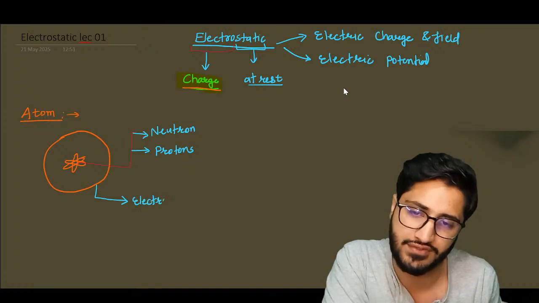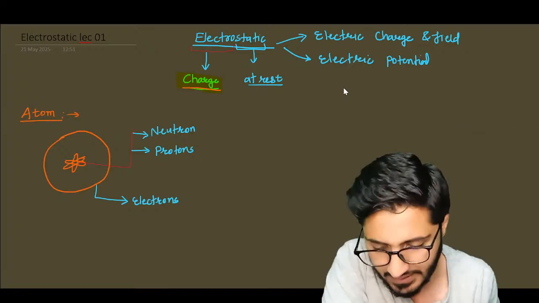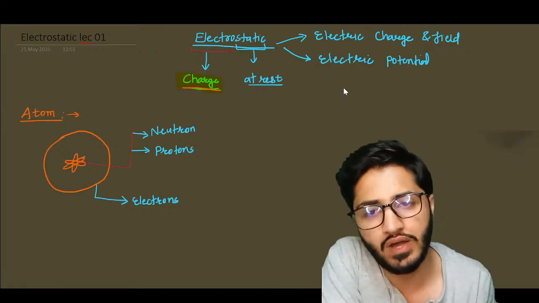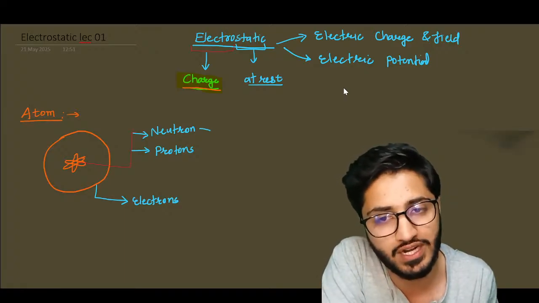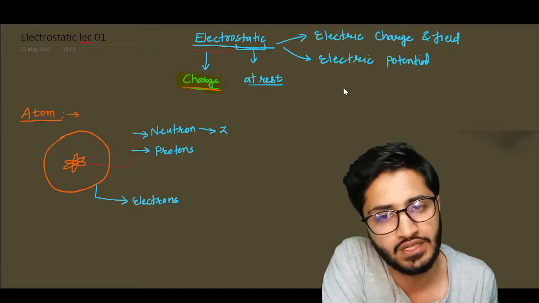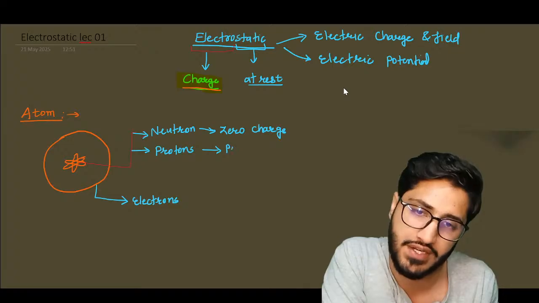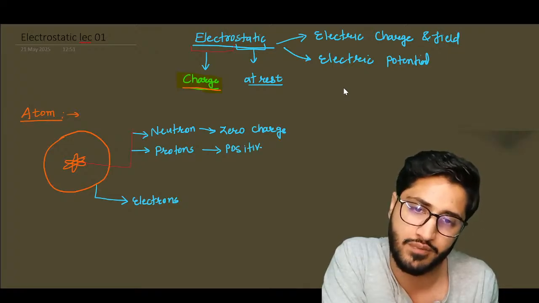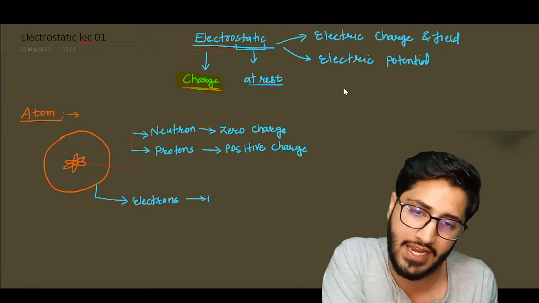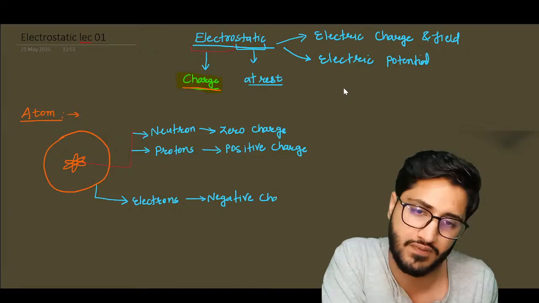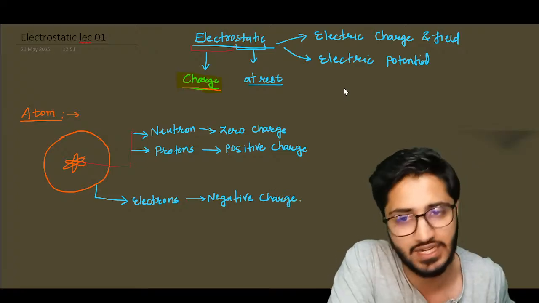We know these basic things. As we know from previous classes, the neutron carries zero charge, the proton carries positive charge, and in the same way the electron carries negative charge.